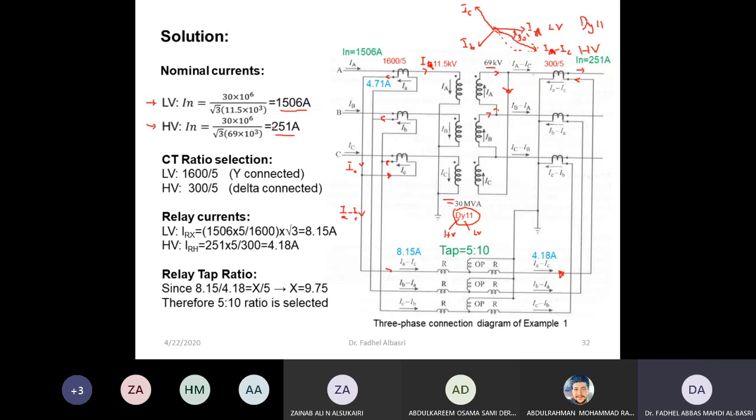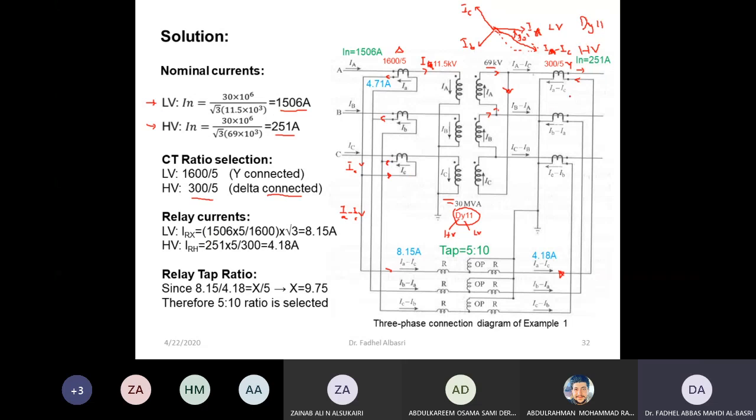And for this one I'll choose 300 to 5. Okay, and I will connect this delta, okay, at the HV side, delta connected, and this is star connected.